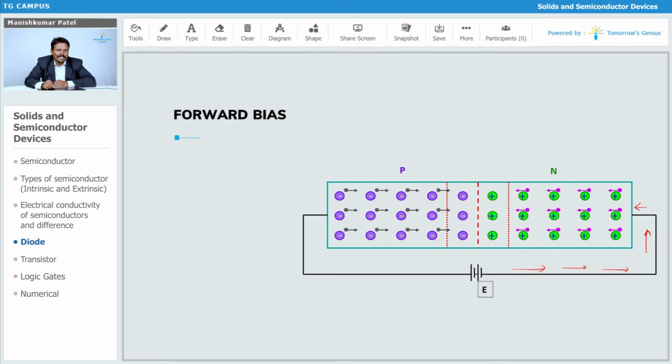The width of the depletion region starts decreasing, and finally a large number of free carriers, nothing but electrons, pass through and come out from the positive terminal. This is how the flow of current takes place in forward bias.